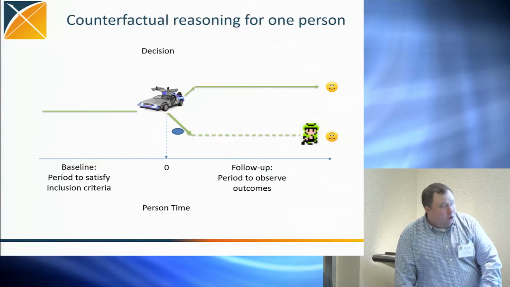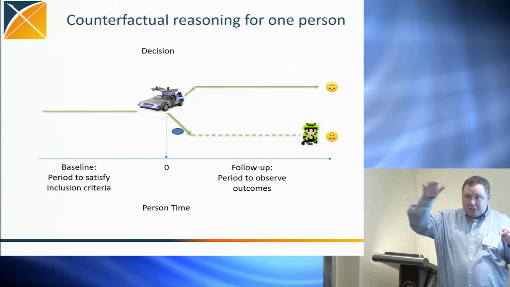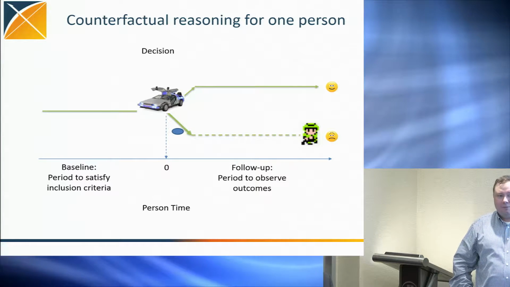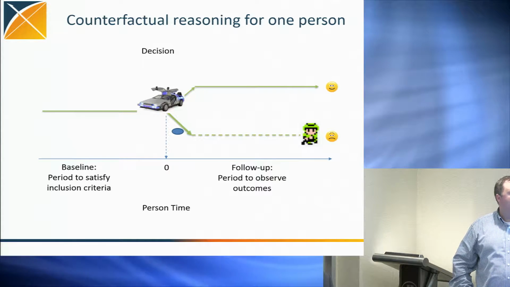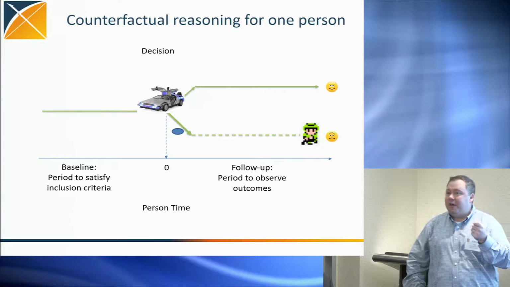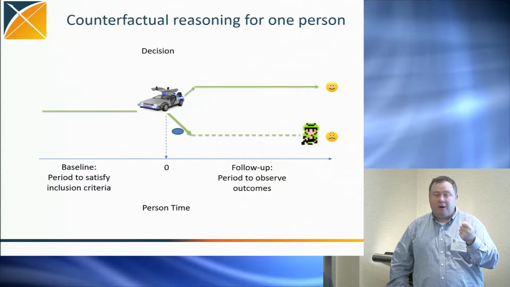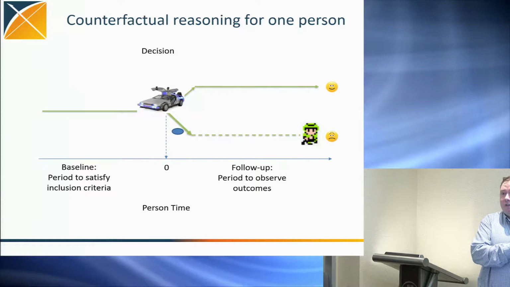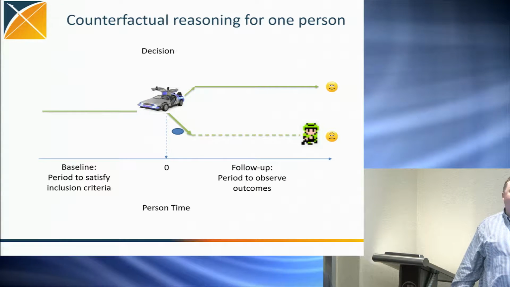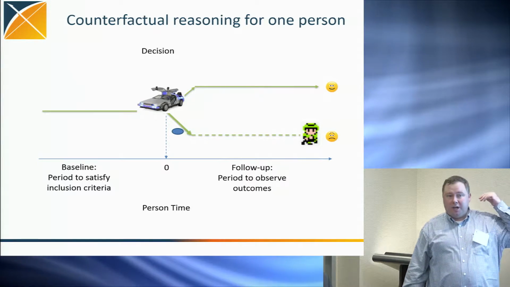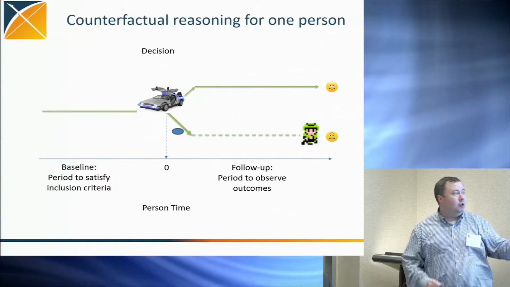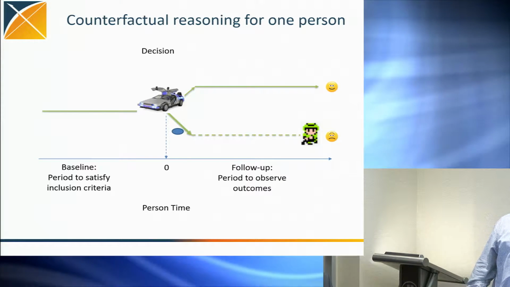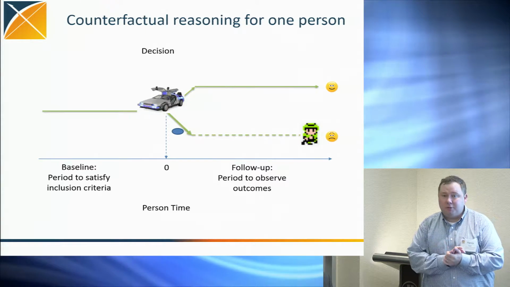So this picture is going to be important, and it's actually going to frame some of the questions we think about. That decision point, whether you're going to take the red pill or the blue pill, that is the moment that we are going to think about our causal contrast. So we're going to think about that as time 0 on a person's life, and we can capitalize on information prior to time 0 as a way to understand a person's life, and we can think about what happens after time 0 as the follow-up, when the outcomes could be experienced.